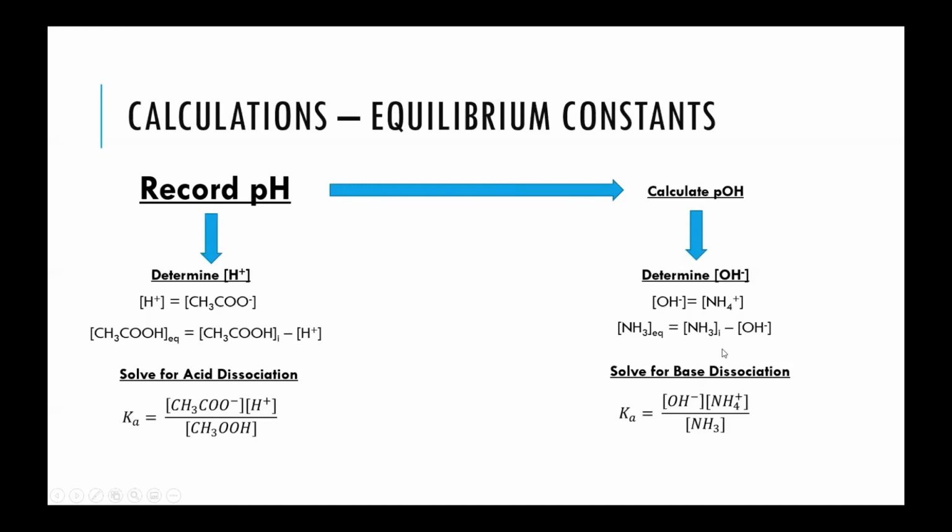From those values, you can then determine the Kb for the ammonia solution.